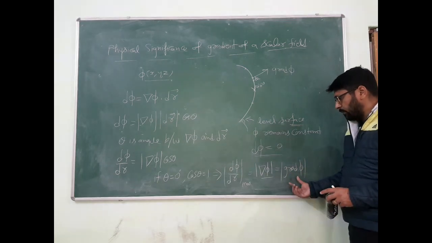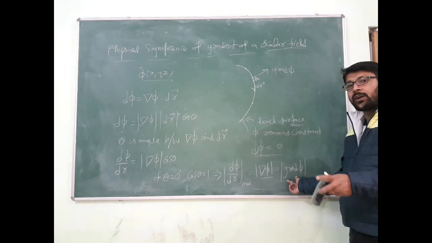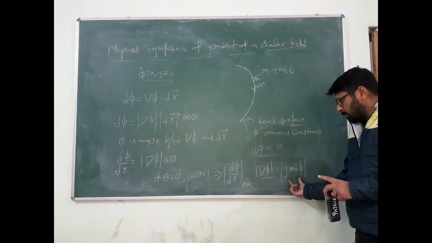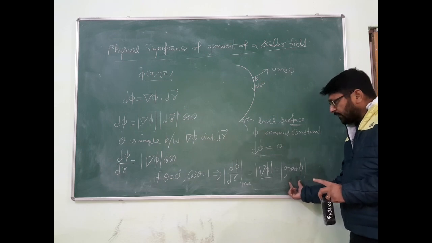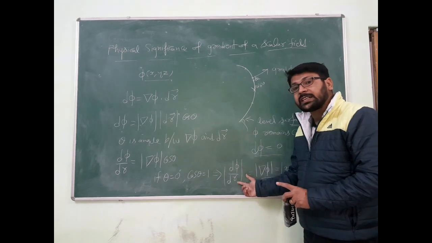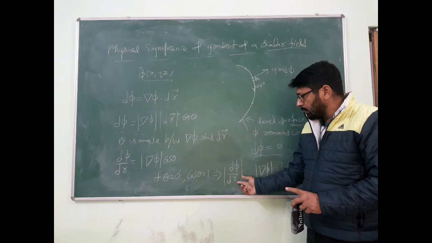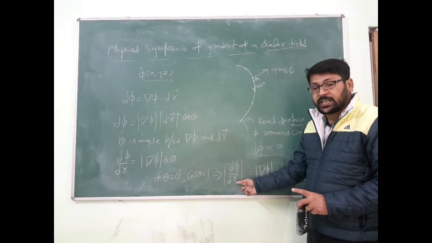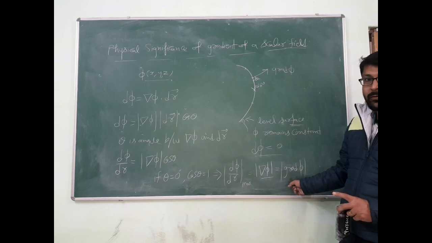So till now, the magnitude of the gradient of phi is defined as the rate of change of that scalar function. The maximum value of the rate of change of a scalar function will be equal to the gradient of phi.